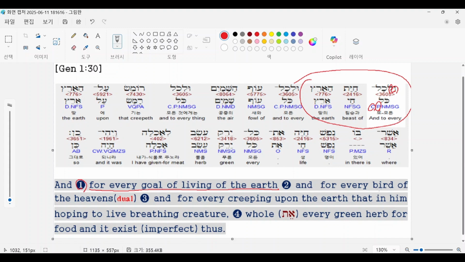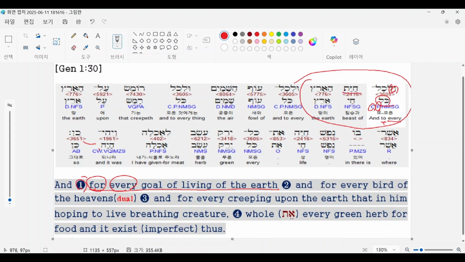You can translate it as "for" or "to." So "to" is fine here, and "for" is fine also. So to or for, and then "kol" is the "every," same as in English.